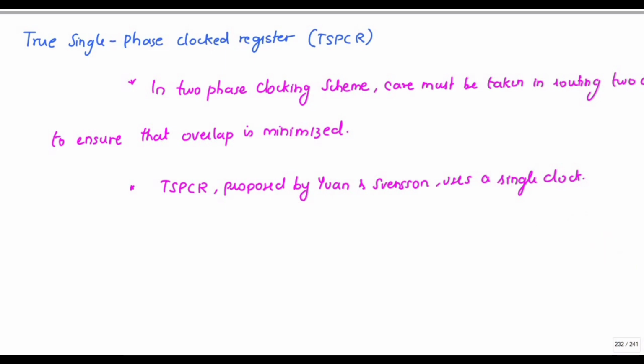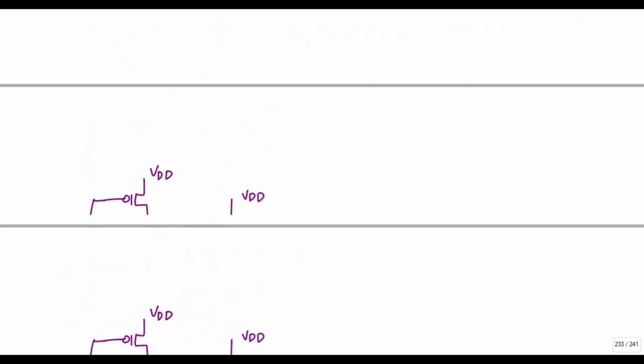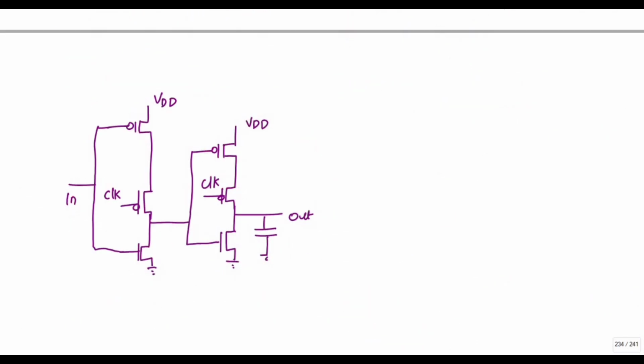So first let us discuss the positive latch and the negative latch. This is a positive latch. If this is the clock, this part is called a positive latch.